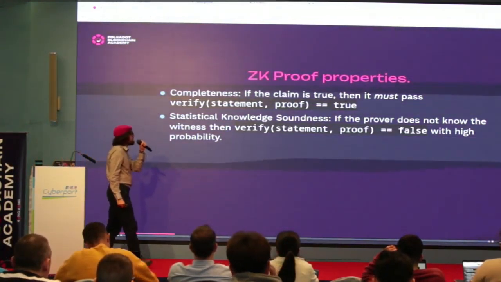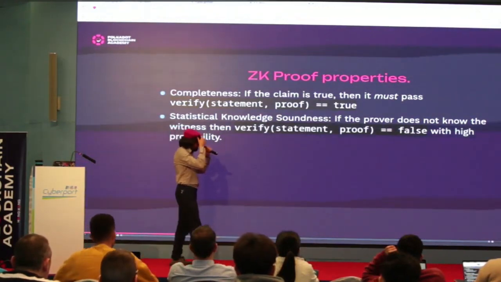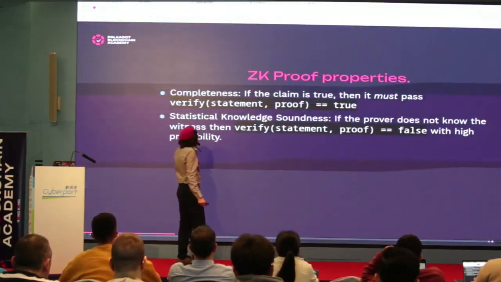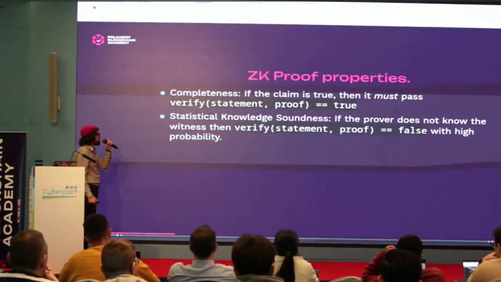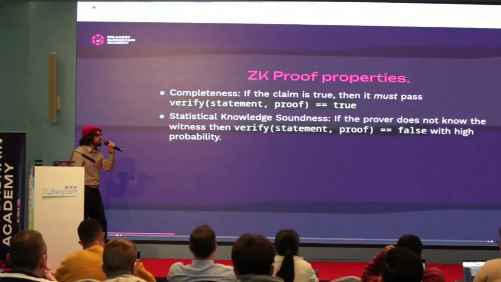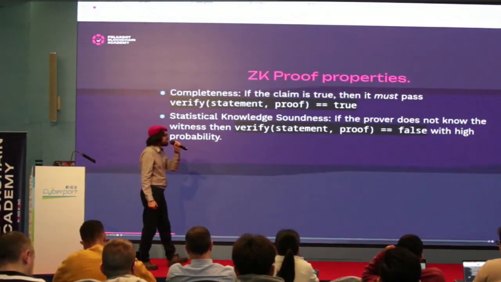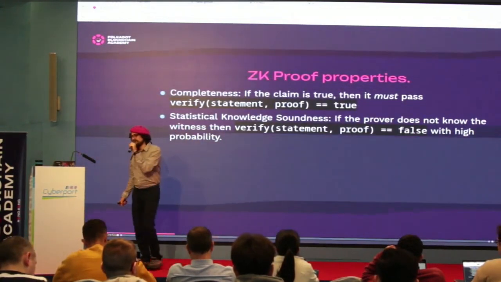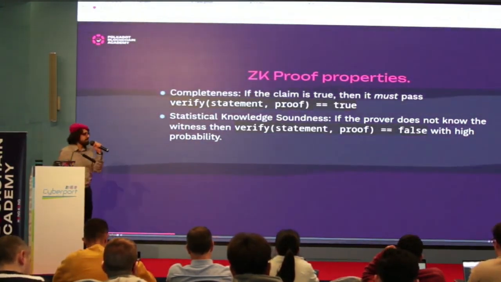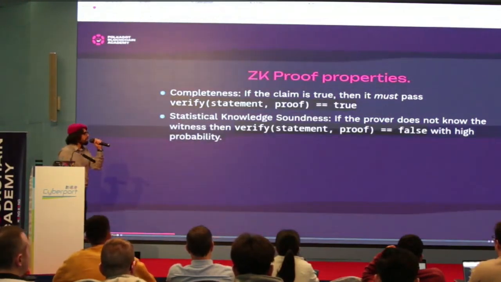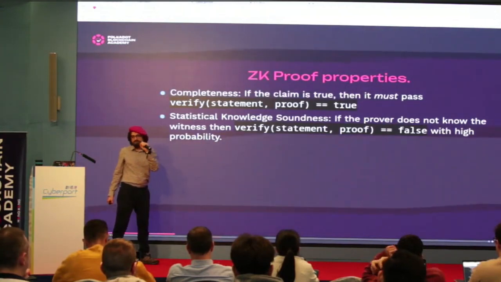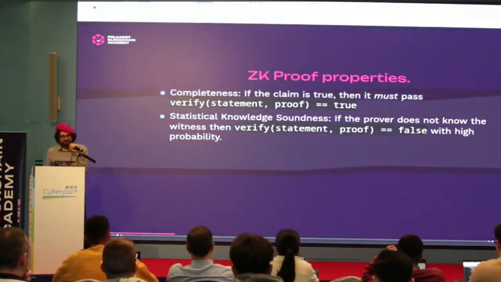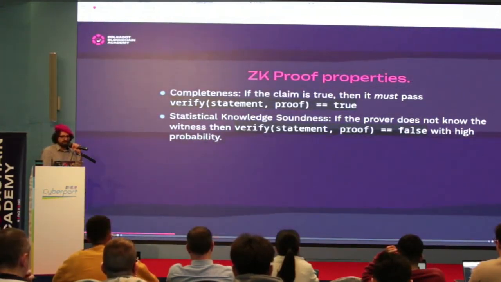So ZK proofs need to have these properties. One of the first properties we call completeness: if the claim is true, that I actually know r and s, and if I know the private key, then the verify function should return true 100%. Deterministically it should return true.